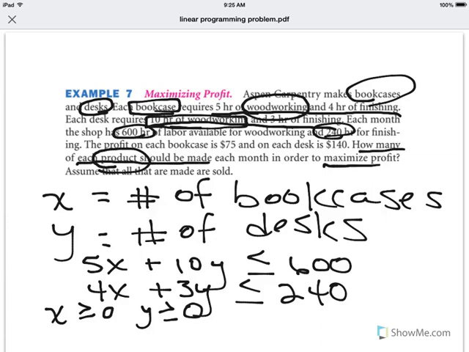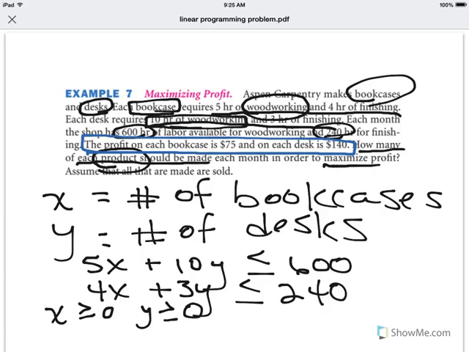We also want to find a profit equation. And this sentence will usually come right out and say something about the profit is or something like that. This one, let's change to a different color so you can see, says the profit on each bookcase is $75 and on each desk is $140. That would be your profit equation. It's not going to have an inequality in it.